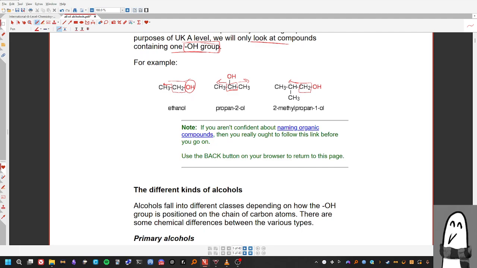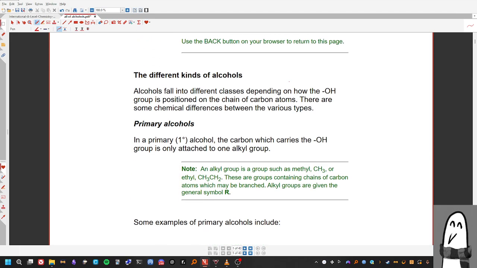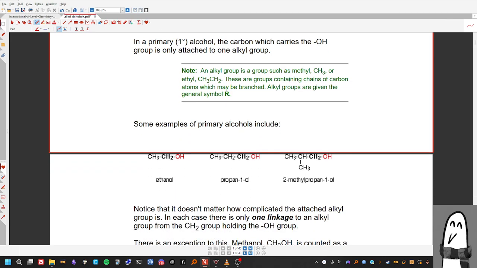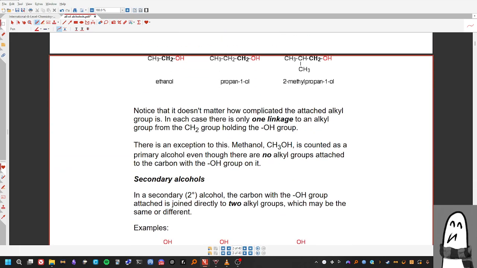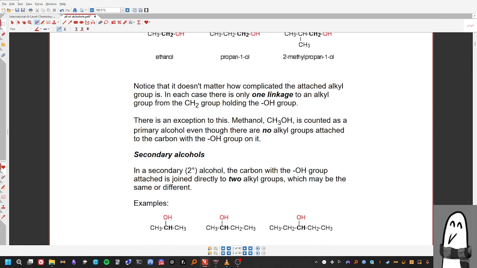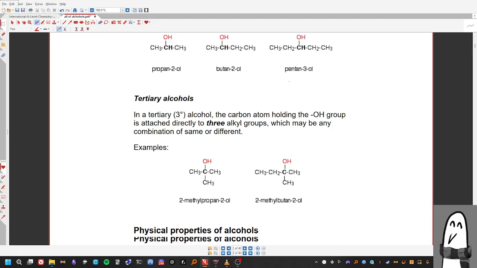Looking at primary, we don't really need to know because we already know most of this.